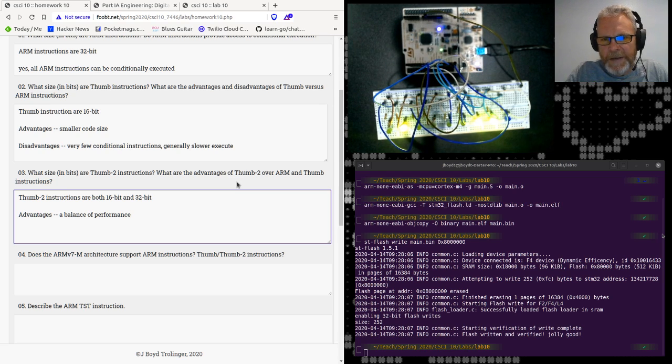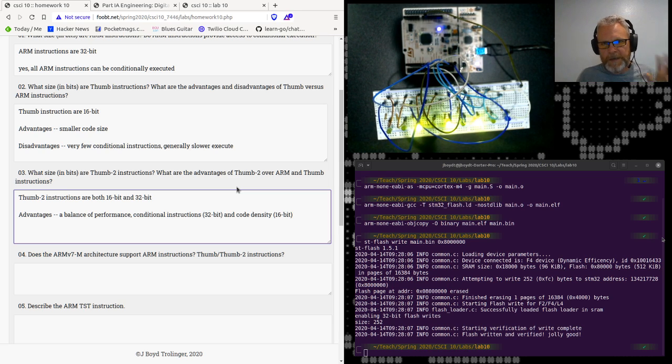You can sort of imagine what Thumb 2 is trying to do is find a balance of the better performance of 32-bit, the convenience of conditional instructions, and the density of the Thumb set.